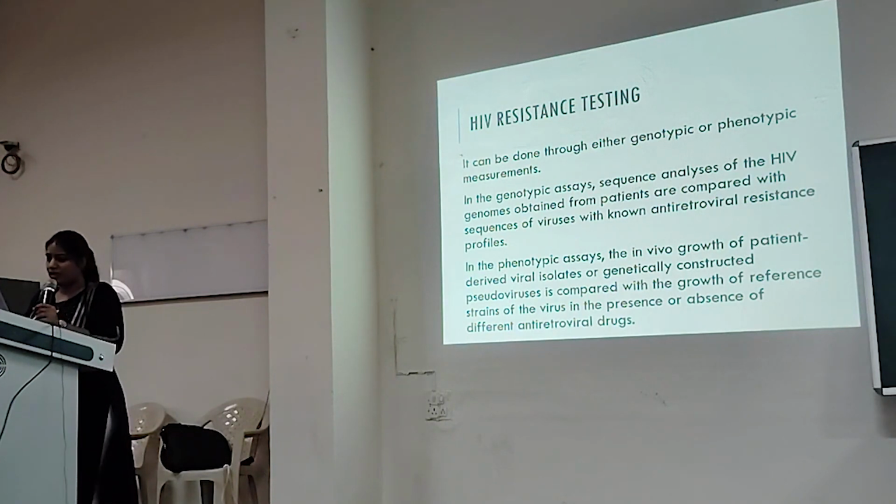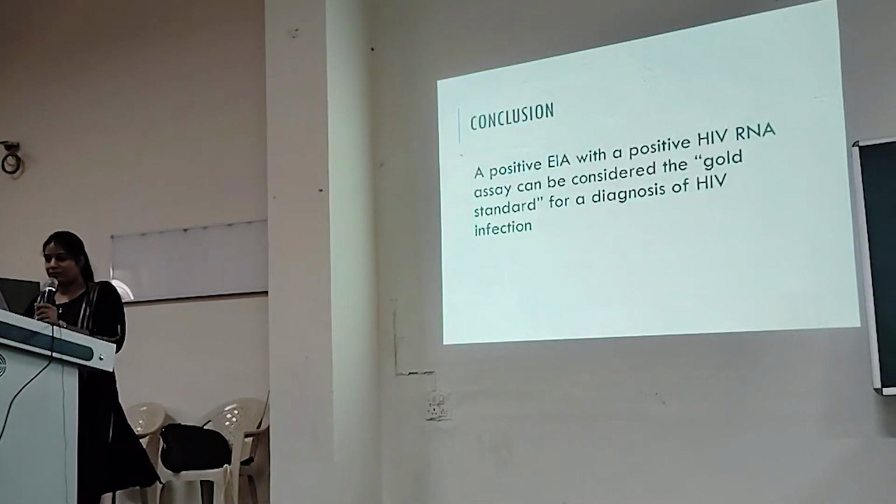In phenotypic assays, we grow the patient's viral isolates or genetically constructed pseudoviruses and compare their growth with that of a reference strain in the presence and absence of antiretroviral drugs. A positive ELISA with positive RNA can be considered the gold standard for diagnosis of HIV.